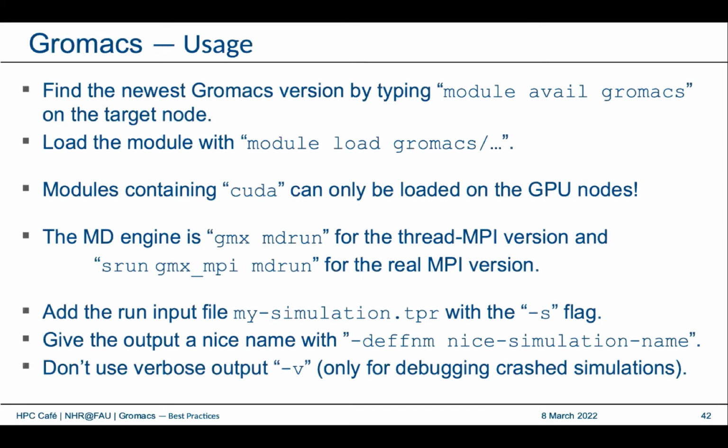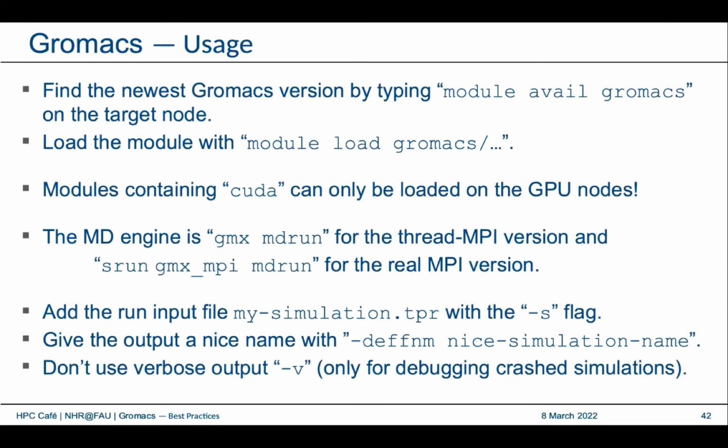Modules containing CUDA can only be loaded on the GPU nodes, and it might make sense to log into a node, load the module, and then see how the MD engine is named or do some benchmarking. You can't do GPU benchmarking on the front nodes because the front nodes do not have GPUs available.